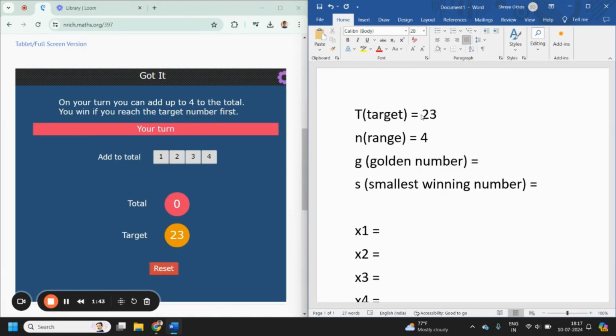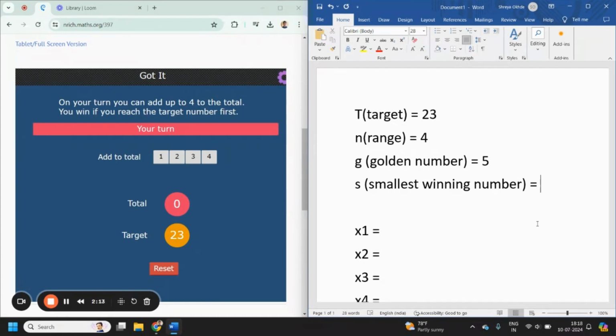If you can add numbers from 1 to 4, then the range is 4. Golden number is 5. One simple way to calculate the golden number is G is equal to n plus 1. Now the smallest winning number is a number such that if we keep on going backwards from 18 by subtracting the golden number, we will hit such a number that is kind of accessible at the very start of the game.